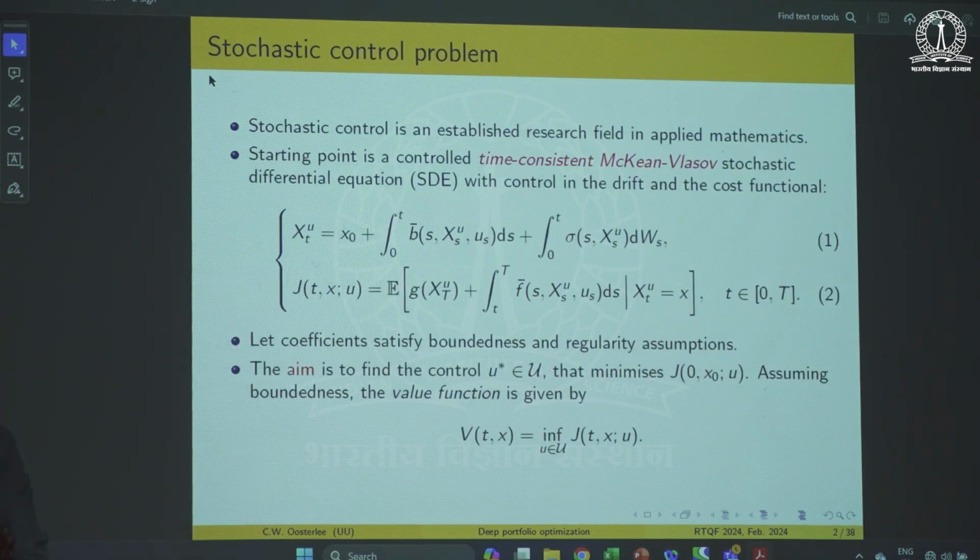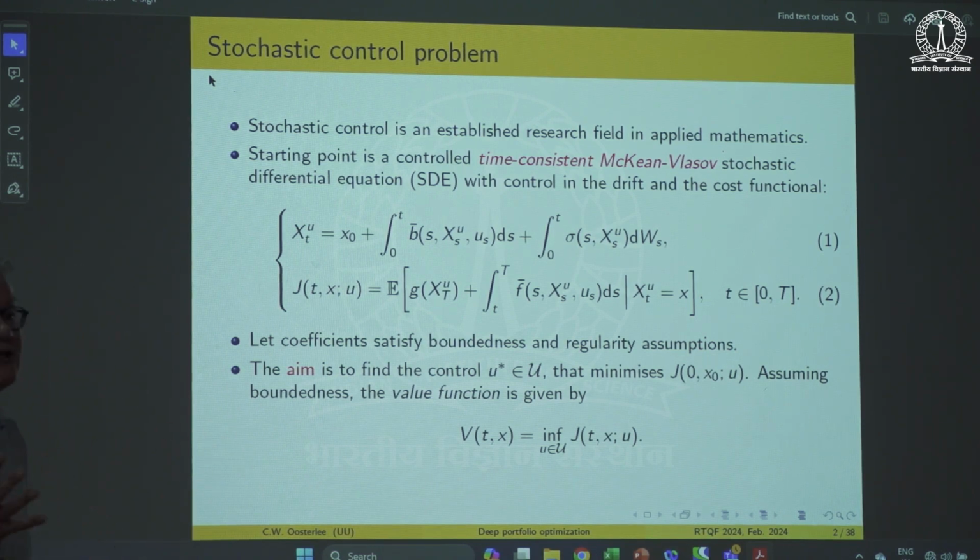So if we think of stochastic optimal control, it is of course a very well-established field. Robotics, you name it. There are many aspects in electrical engineering, in other disciplines, and also in finance. So it's an established field in applied mathematics, but also in the engineering disciplines.